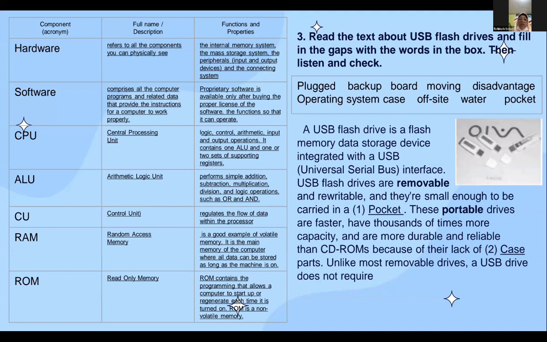Then the structure and the definition. Besides the description, also give the definition. Okay, that is the input from Ma'am Rohima. The functions and properties are good, there are no changes. This is hardware, the internal memory system, the mass storage system, devices and connecting the system. Proprietary software is available only after buying the proper license of the software.